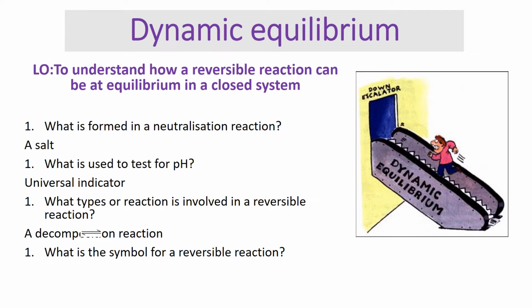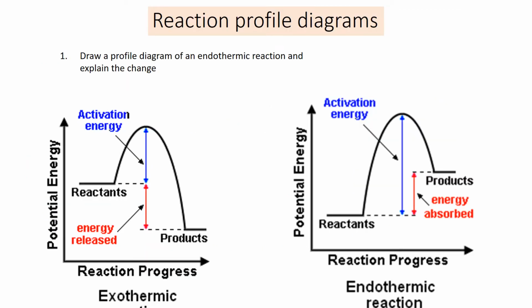It's a decomposition reaction, and the symbol for a reversible reaction is the arrows there. And then lastly, the energy profile diagrams of endothermic and exothermic reactions are there. So get those down if you didn't get them correct.